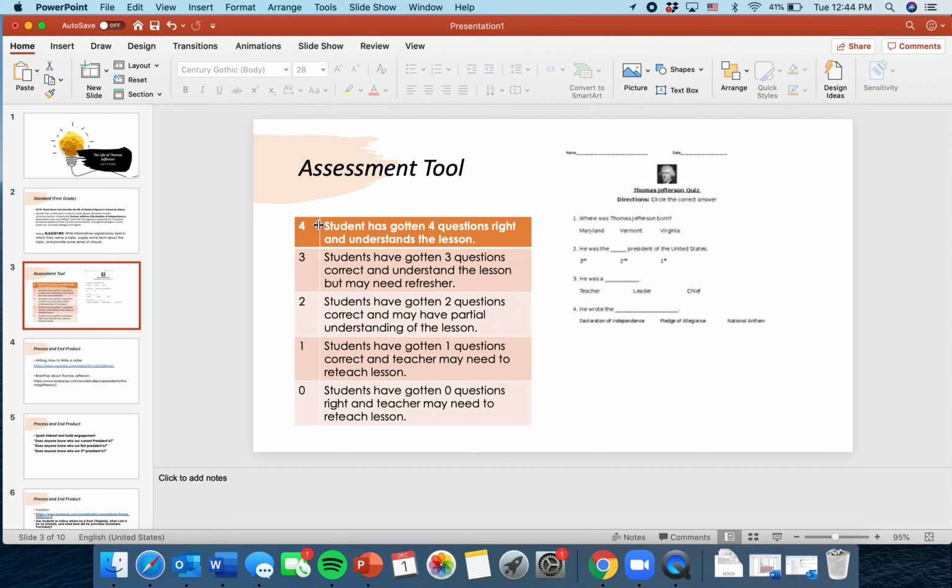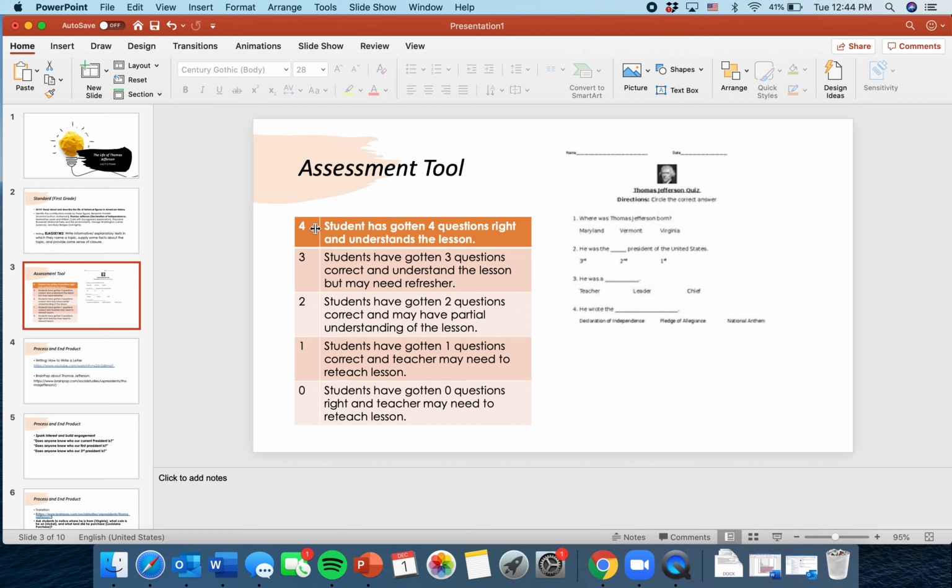For instance, if students have 4 questions right, I would assume that they understand the lesson. If they have 3 questions correct, they understand the lesson but may need a refresher over the question they had wrong. If they had 2 questions right, they may have partial understanding of the lesson, but may need a refresher as well.